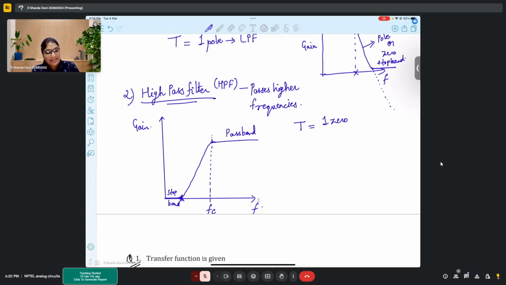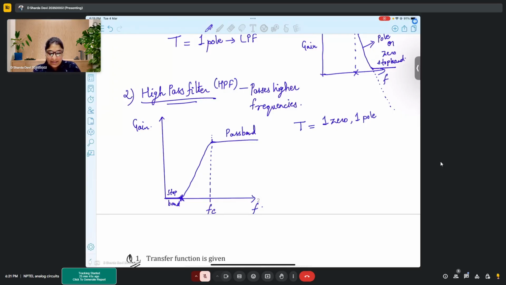To obtain that, I need one pole. Correct? So for a high pass filter, what is important is we need one zero and one pole. So a minimum of one zero and one pole are required to design a high pass filter. A very basic high pass filter would need one pole and one zero.